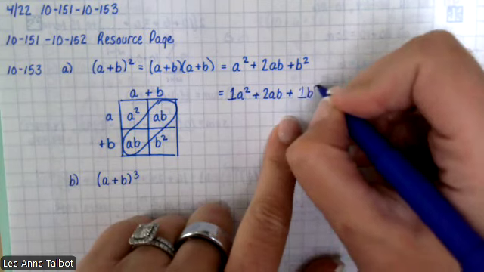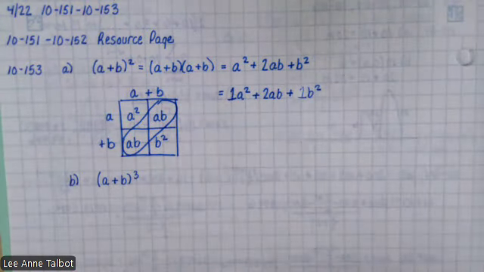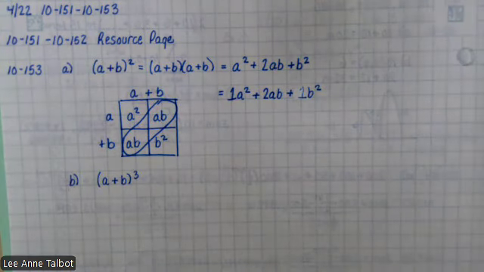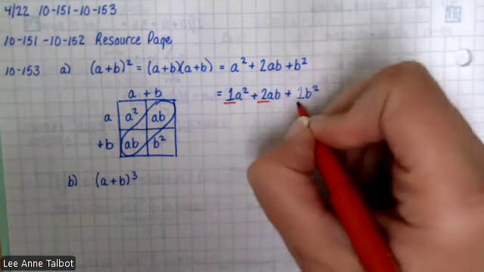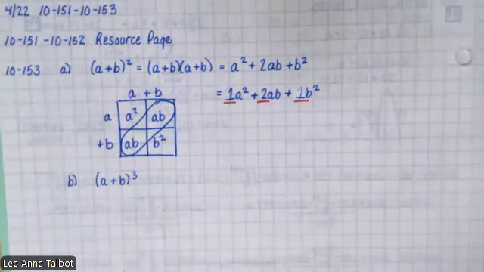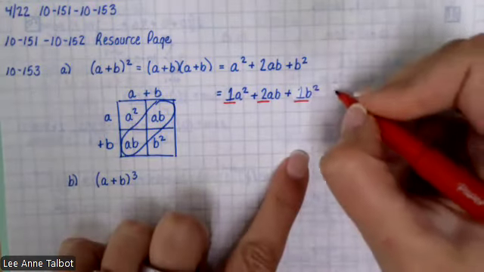One b squared. Okay, and then I want you to come back in if you have another color of some type, and take a look at the leading coefficients and then look back at Pascal's triangle. Where is that? Row 2.